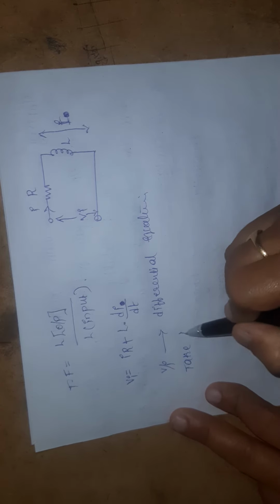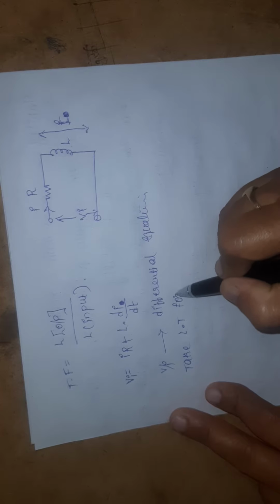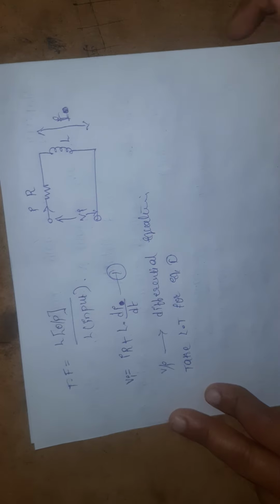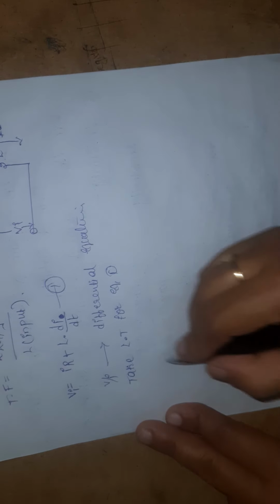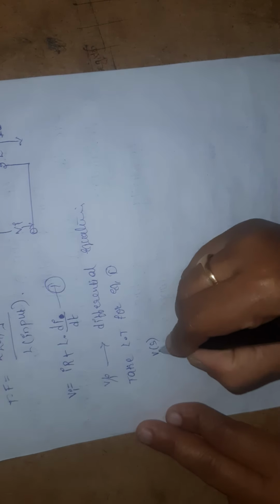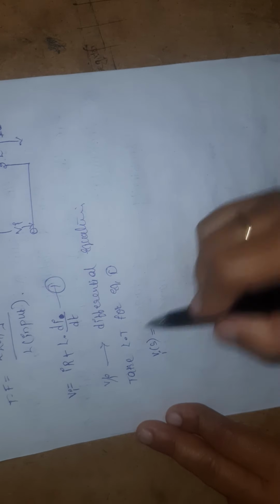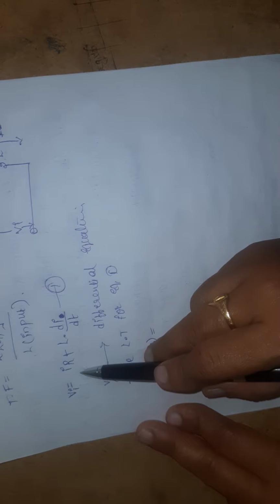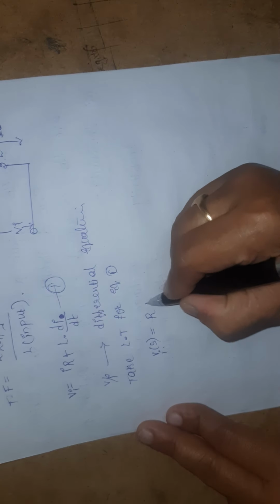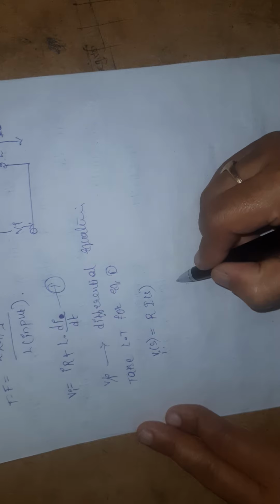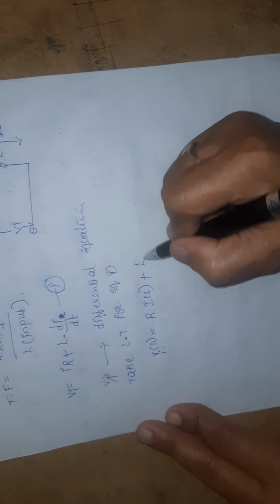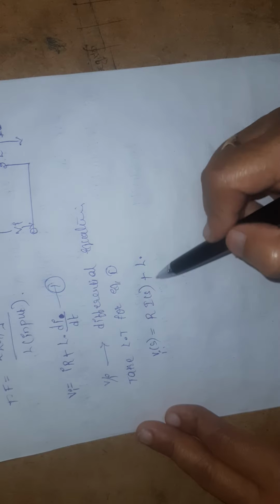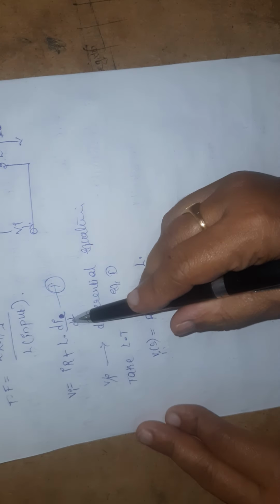Take the Laplace transform of equation 1. What will I get? V will become Vi of s. R is constant but I is varying, so it becomes I of s, plus L, which is fixed constant, so L stays as L, and di by dt.